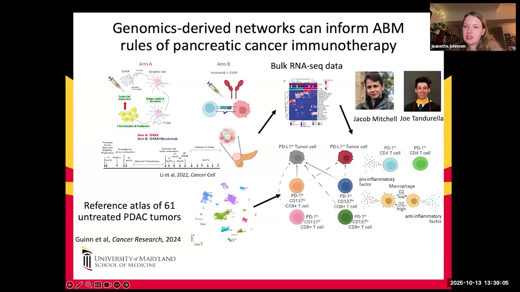Specifically, the trial that I wished to create on the genomics data cohort that I had used a neoantigen tumor vaccine called GVAX, which targets dendritic cells.